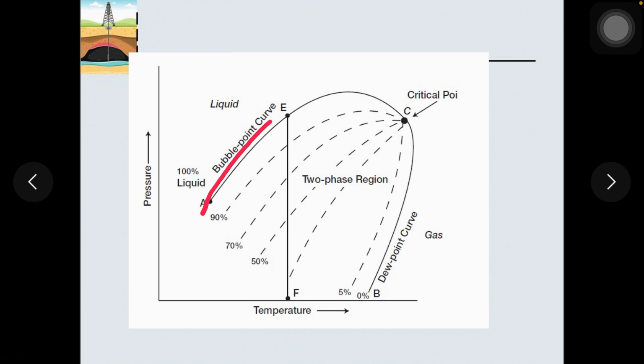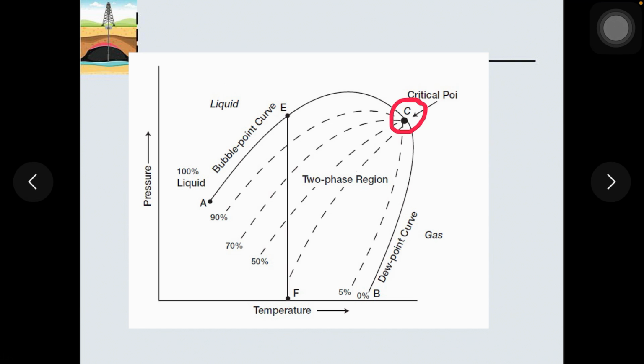So this line which you can see here, it is called as bubble point curve, which separates the liquid phase from the two-phase region. This portion of line or curve here, it is called as dew point curve, which separates the gas phase from the two-phase region.